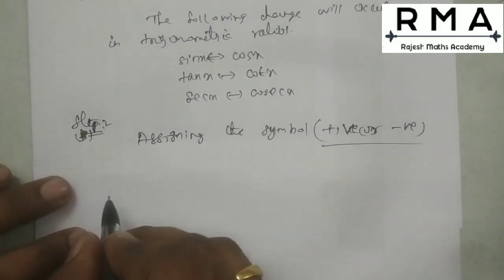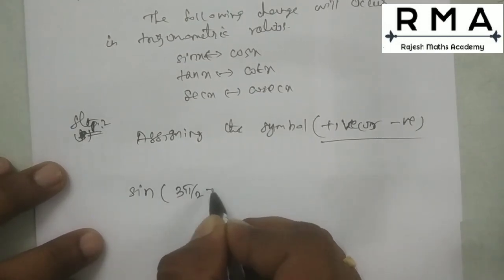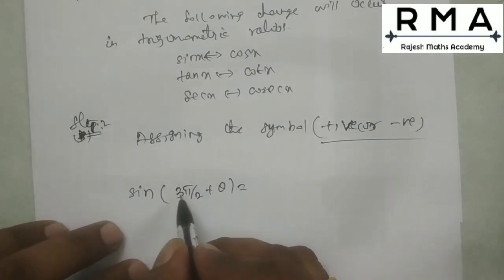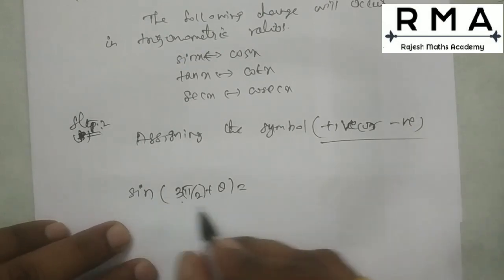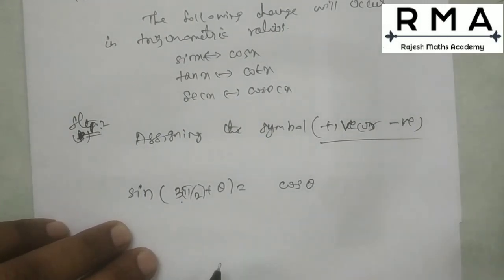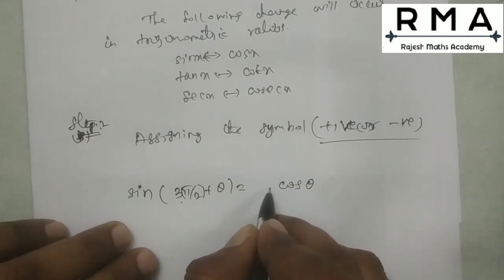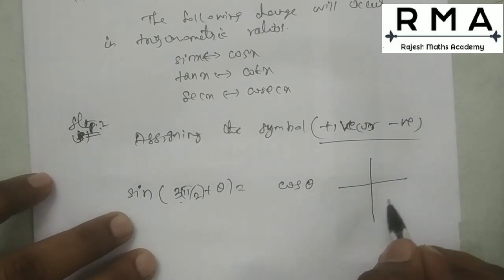Clear? So for example, sine of 3 pi by 2 plus theta. The k value is odd, so we have to change the sine into cos. So sine 3 pi by 2 plus theta becomes cos theta. Now we have to assign the symbol, positive or negative. 3 pi by 2 is 270, and 270 plus theta is in the fourth quadrant.